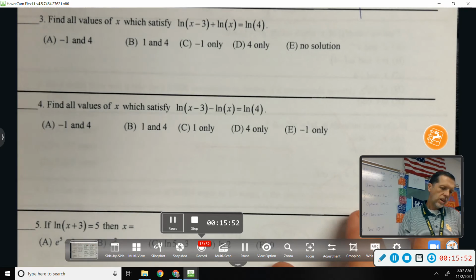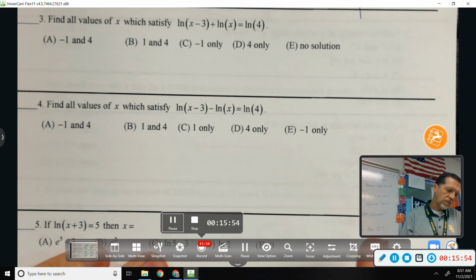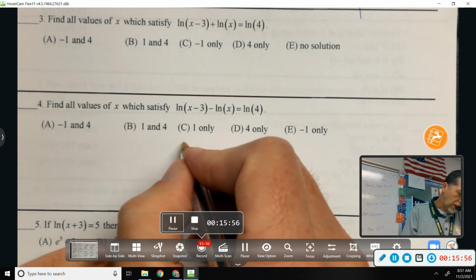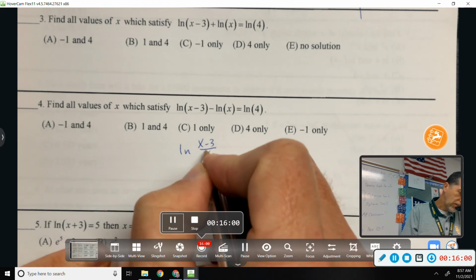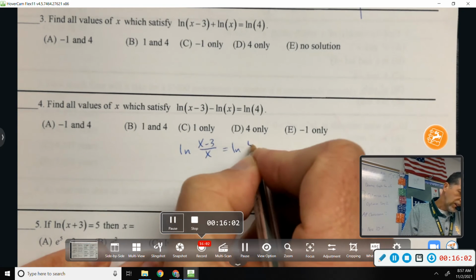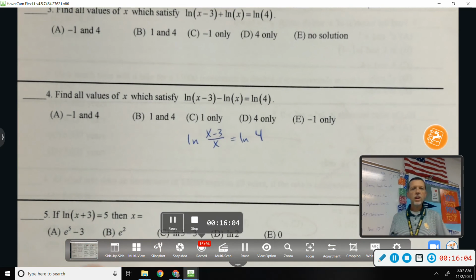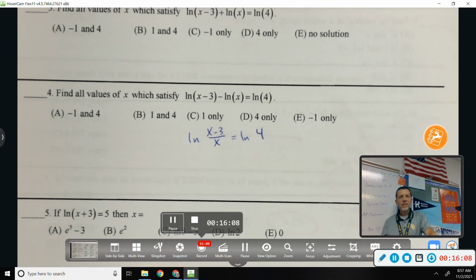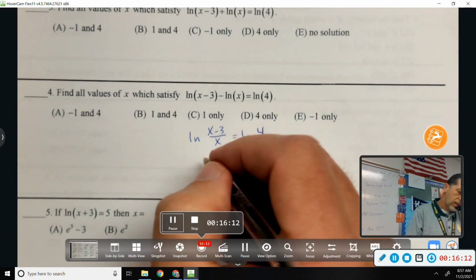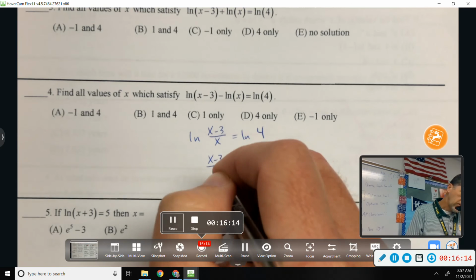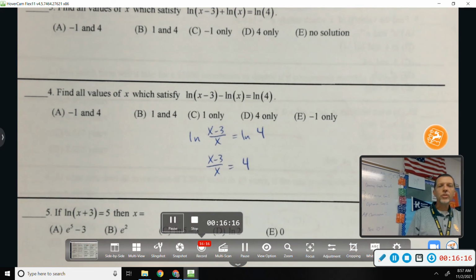E is supposed to be no solution? Yes. Let's see what happens on number 4. Natural log of (x minus 3) over x equals natural log of 4. Oh, this is the kind that we like, because I can just cancel the logs. (x minus 3) over x equals 4. I don't have to do any fishhooking.